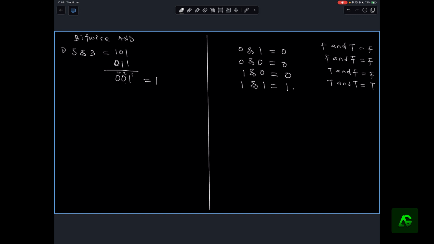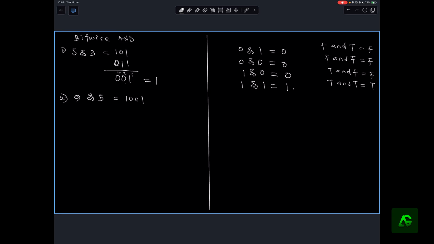So now let us look at another example. Let's say I have 9 and 5. 9 is 1 0 0 1. You can check it out: 1 2 4 8, that is 8 plus 1.